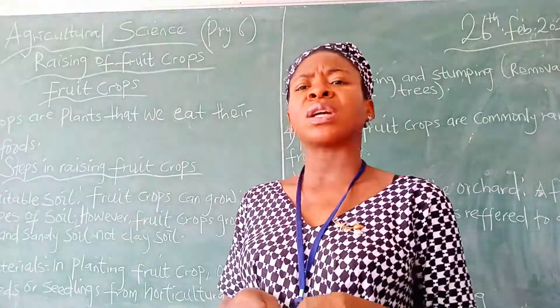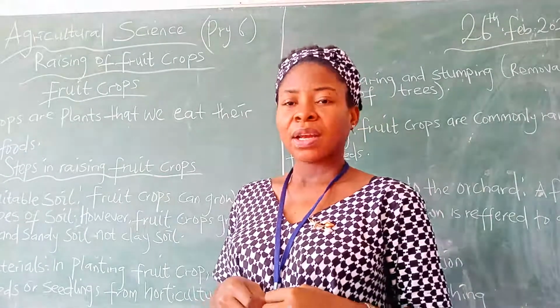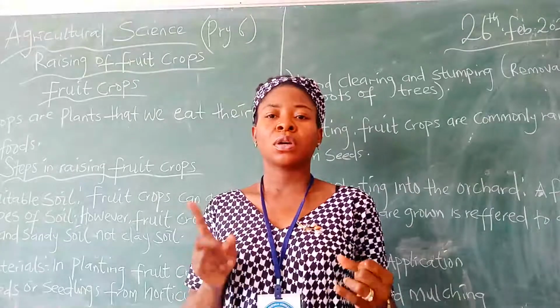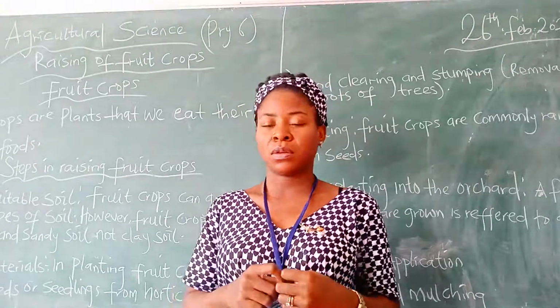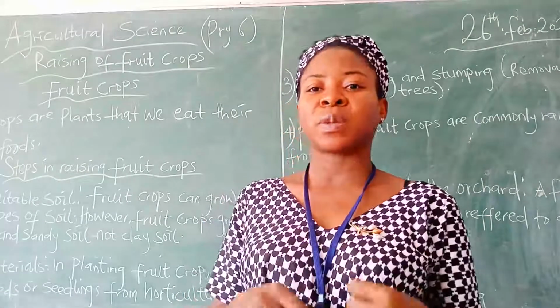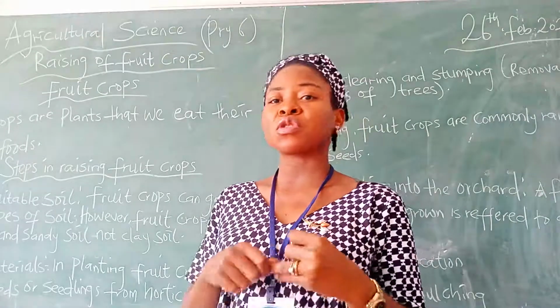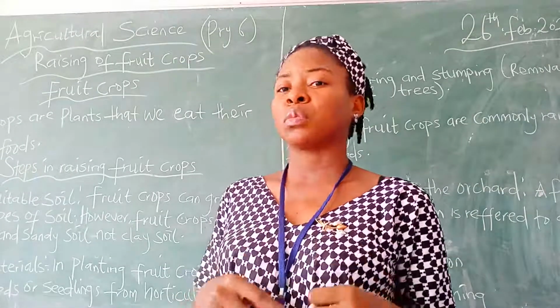And we said that soil is formed from the rock. After that, we have types of soil. We have loamy soil, sandy soil, and clay soil. And we said that loamy soil is used for planting. Sandy soil is used for what? Building. While clay soil is used for molding.